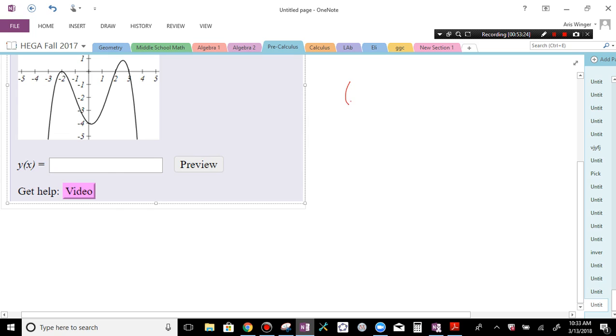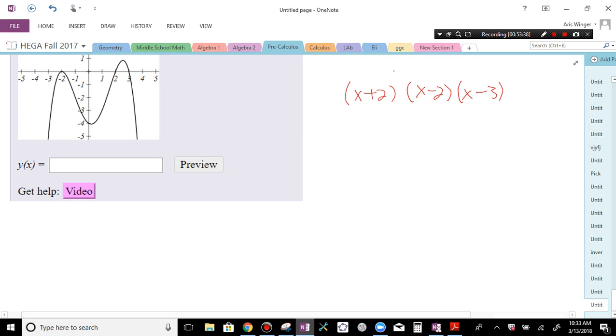We've got an x plus 2, an x minus 2, and an x minus 3. What do we need? X plus 2 needs to be even, squared. And then there's omega. And at 0, we need negative 4.